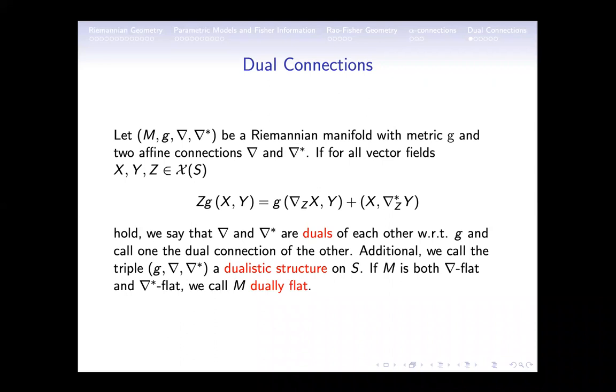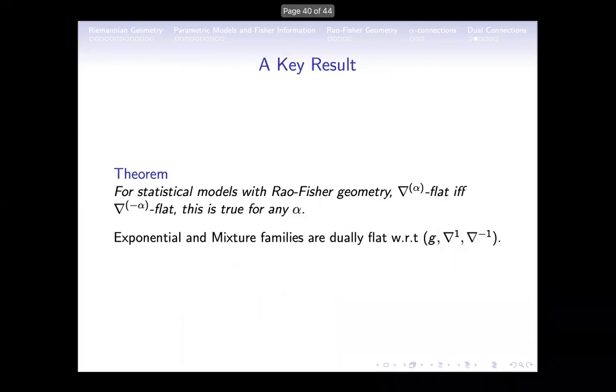Okay, so this is the definition of a dualistic structure on a manifold, and we call the manifold dually flat if it is both nabla flat and nabla star flat, that is, flat with respect to both nabla and its dual. The key result on statistical manifolds with Fisher-Rao geometry is this.